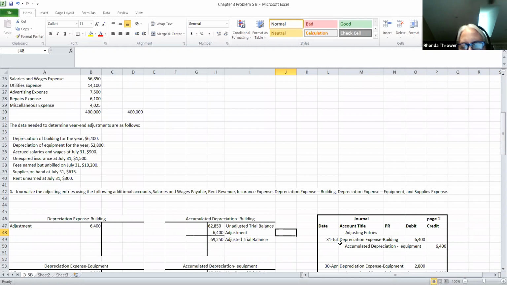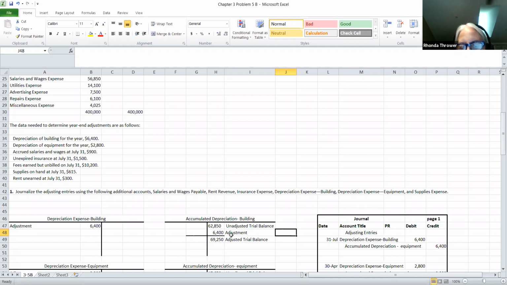So we would start by debiting our depreciation expense, our building account. We're going to take this debit and we're going to copy it into the journal. So on the first line of the adjusting entries for the journal, I'm going to put my account title, depreciation expense building, and the amount is a debit amount coming from the depreciation expense, the building account.